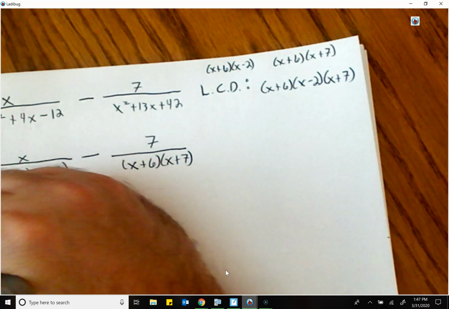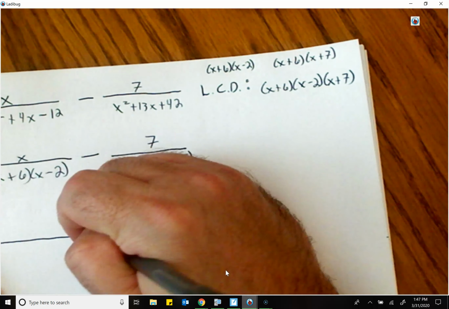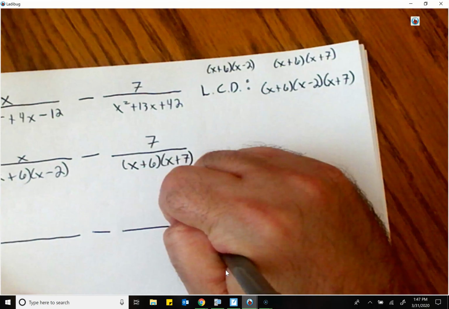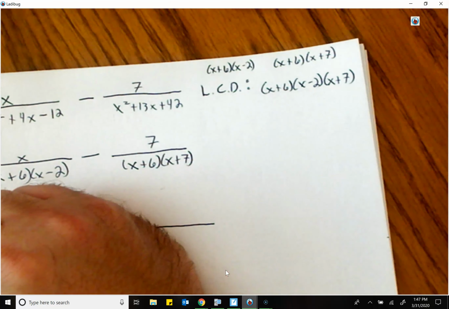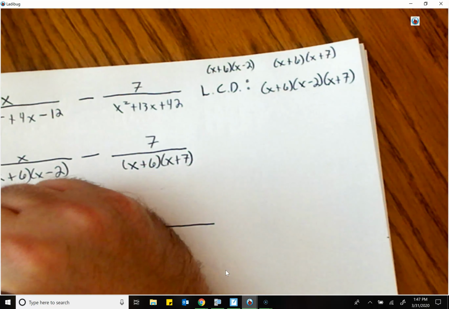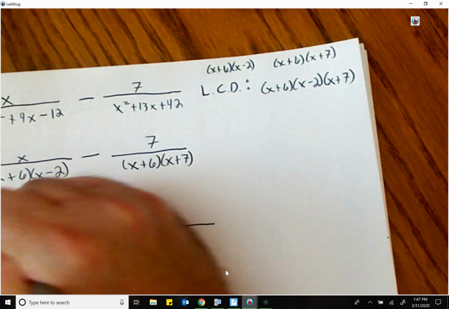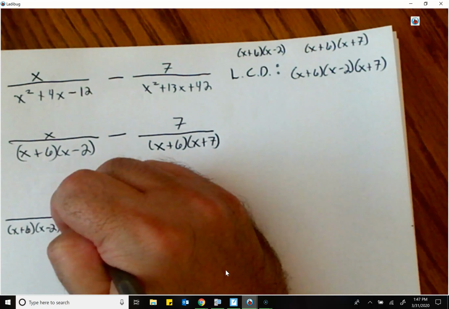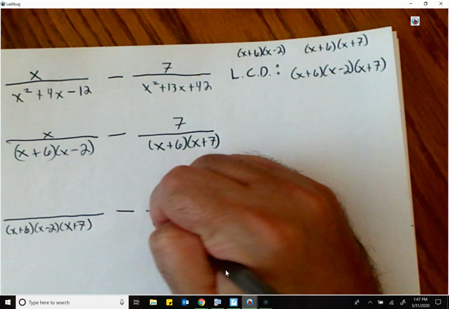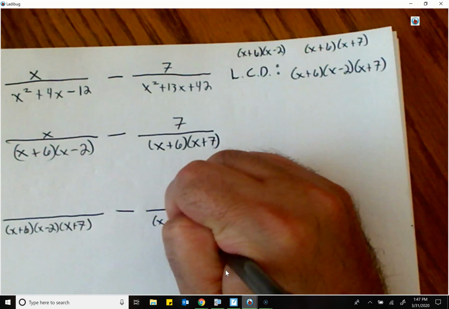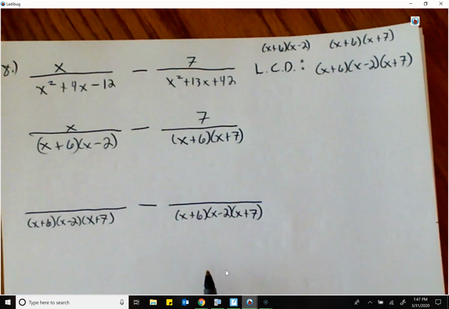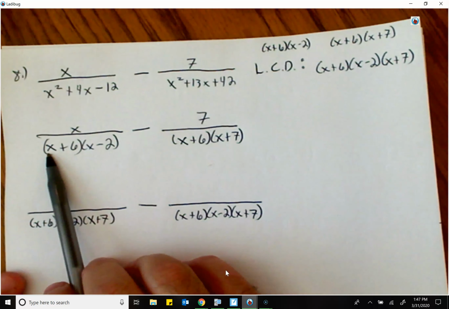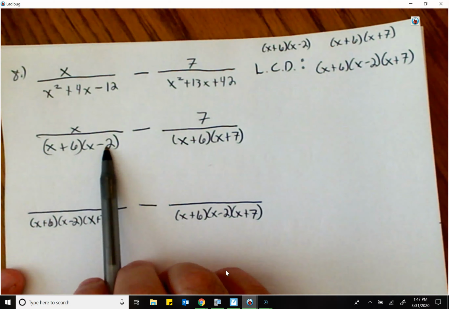So now that we know what the common denominator is, we can adjust our fractions. I need x plus 6, x minus 2, x plus 7 as a denominator of my first fraction, and I need x plus 6, x minus 2, x plus 7 as a denominator for my second fraction. So here's what I have, x plus 6, x minus 2.